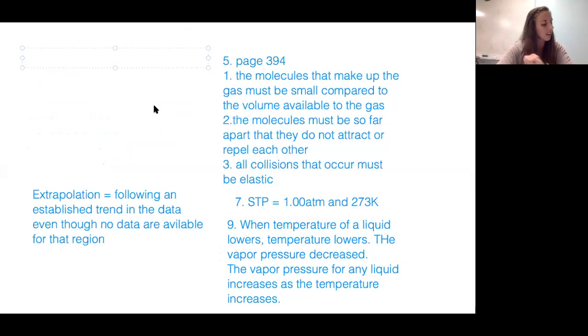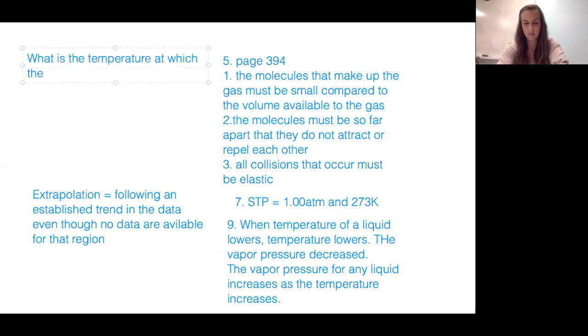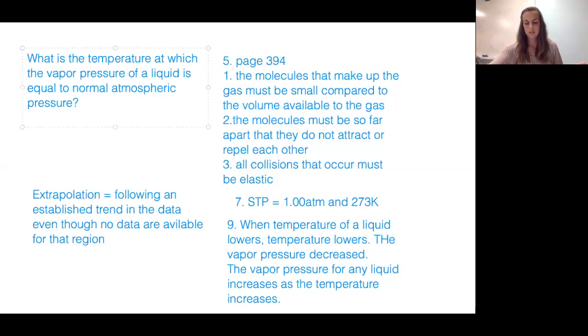All right, number 10. Actually, we're not going to do number 10. I'm just going to do a couple questions now that are straight from your test. Okay, so the question is, what is the temperature at which the vapor pressure of a liquid is equal to normal atmospheric pressure?